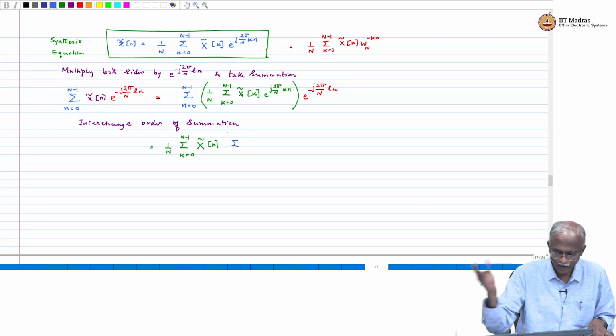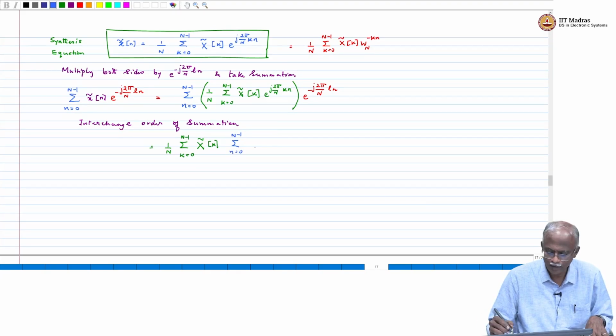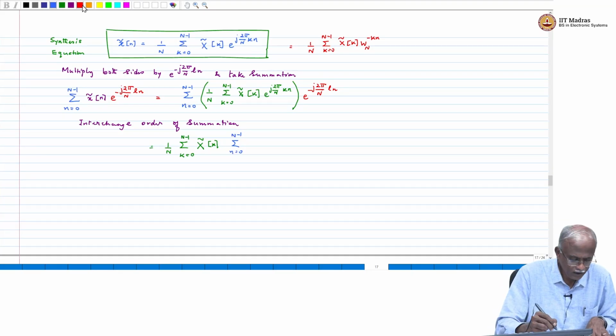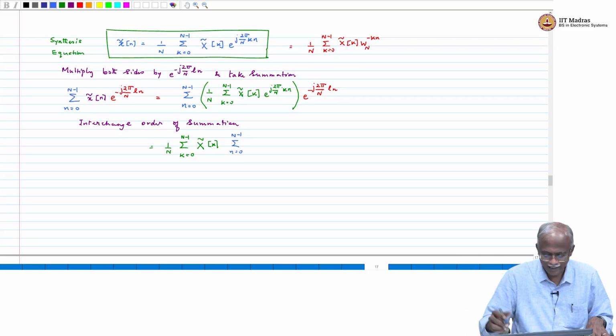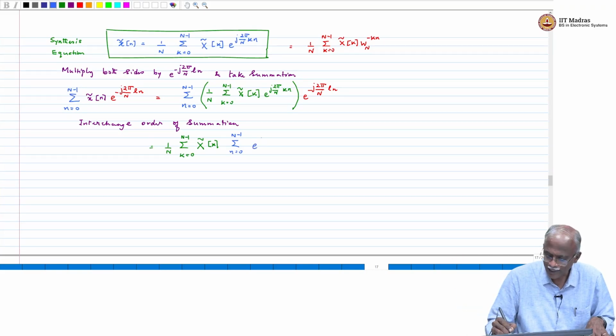Anything that's not part of n I have pulled out. n equal to 0 through N minus 1, there are only two terms which are involving n. The first one is e power j 2 pi by N kn, another one is minus ln. So let's combine the two of them, e power j 2 pi by N (k minus l)n.